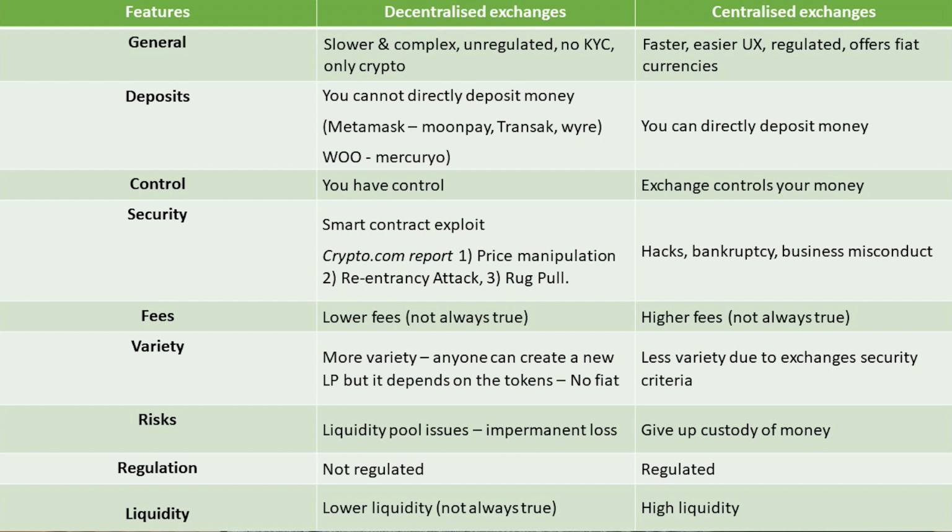They don't allow any token to trade on their exchanges. Regarding the risks, you have liquidity pool issues and what is called impairment loss. On a centralized exchange, you give up custody of your money, and therefore that can have a risk. As we have seen again with FTX, millions of people have lost millions of dollars because their funds are locked.